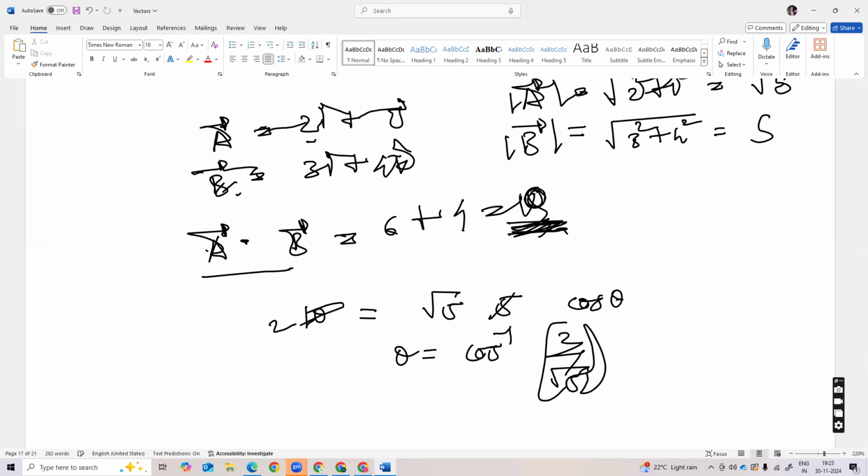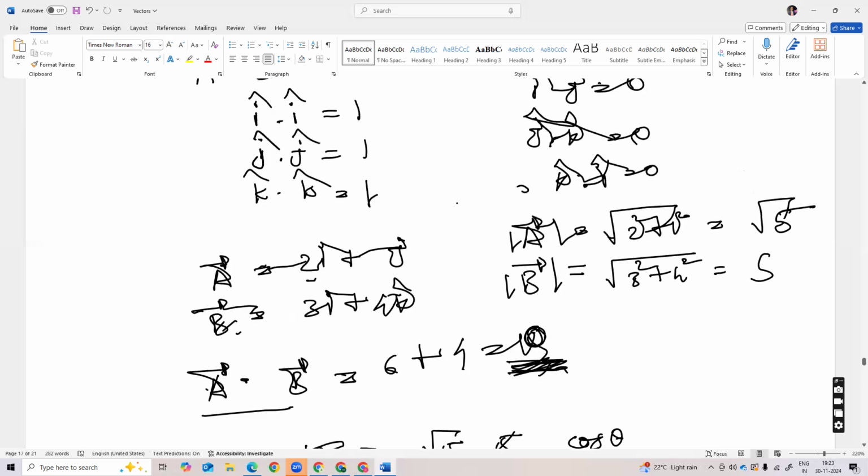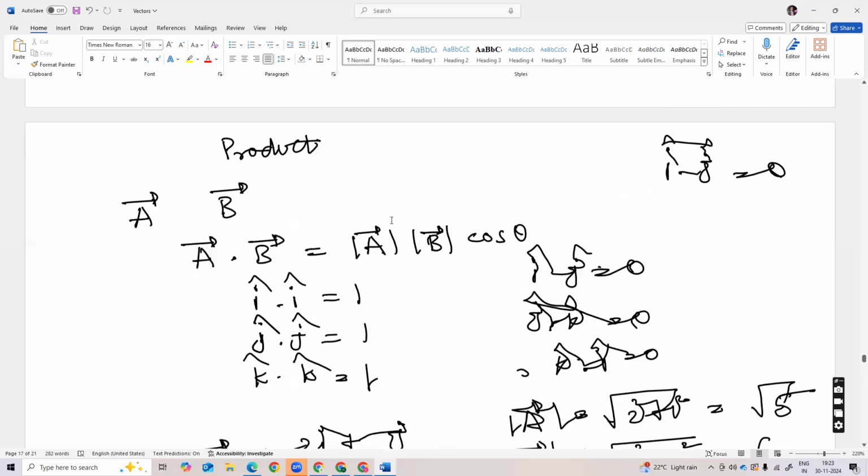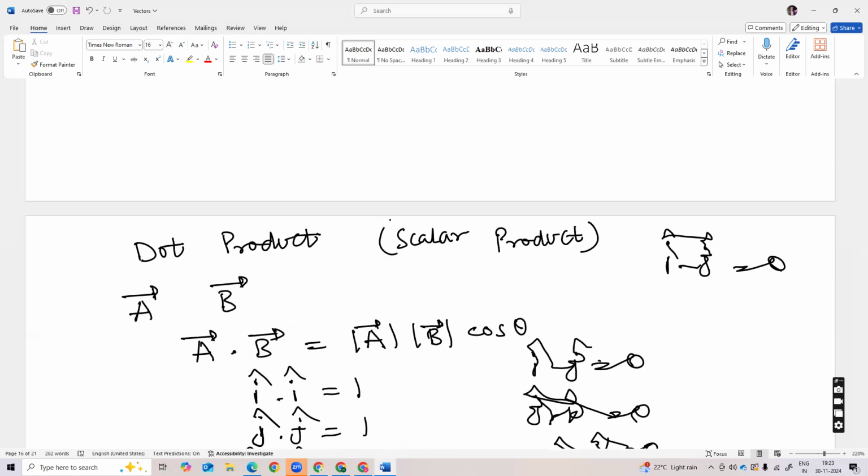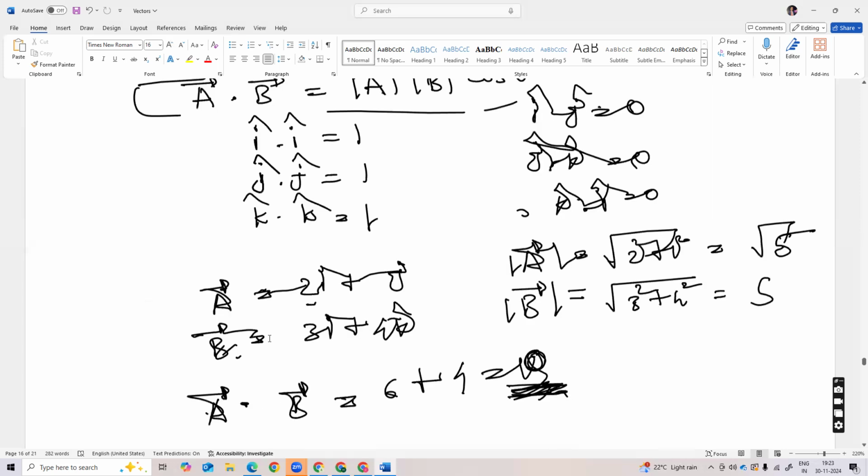This is the value of theta. In a question they can ask you to find the angle between two vectors. What you can do is first find their dot product, like 2i into 3i is 6 and j into 4j is 4, so you get their dot product. Then you get their individual magnitudes, and using this relation you can find the angle between the two. Okay.